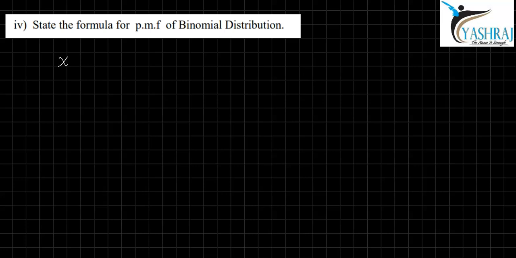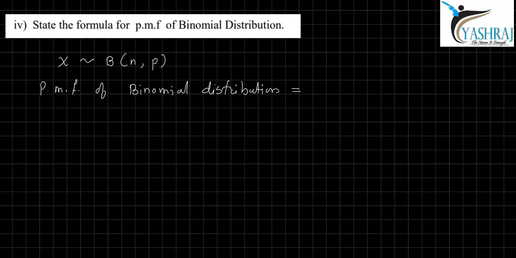So once X is the random variable that follows the binomial distribution of n, p, where n is the number of trials and p is the probability of success, then the PMF of binomial distribution is given by P(X = r) equals nCr into p to the power r into q to the power n minus r.